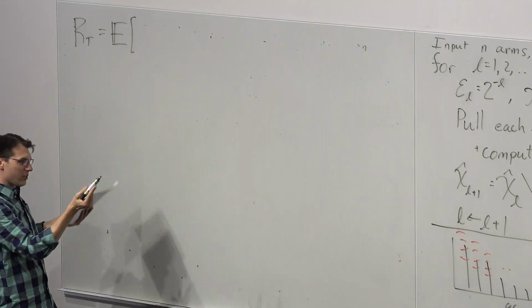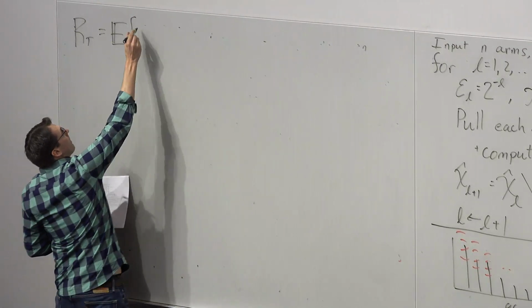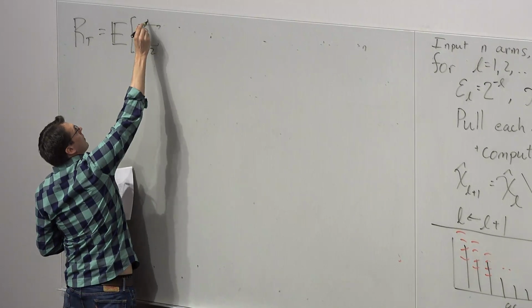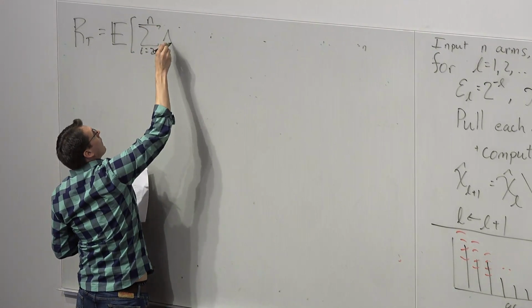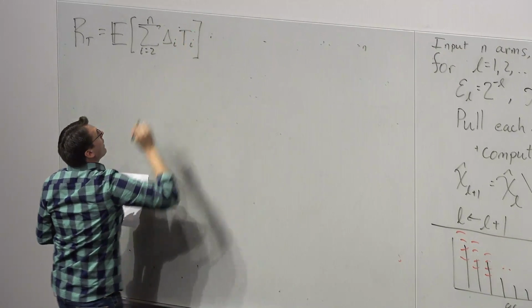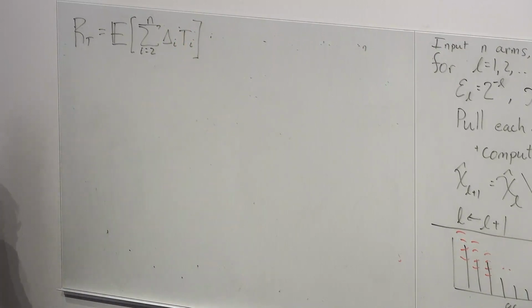Here our algorithm is deterministic. The delta i's here are deterministic, but the t i's are random because they depend on what the algorithm did.